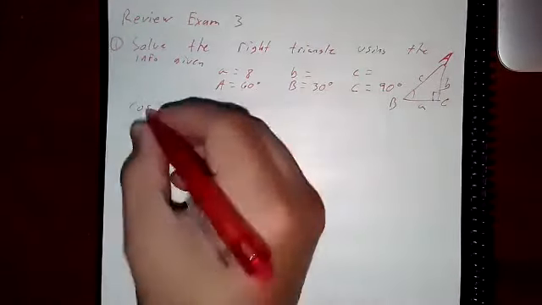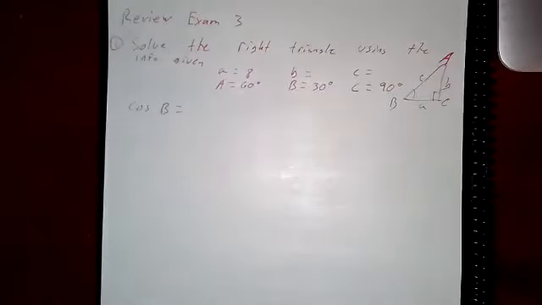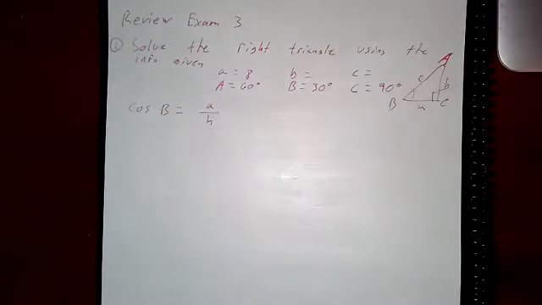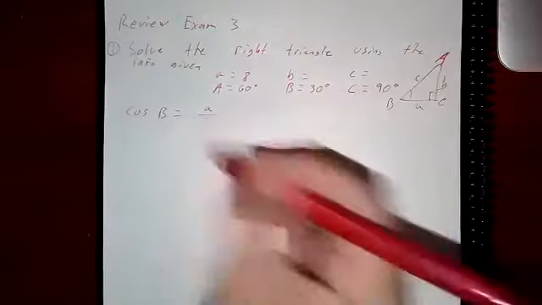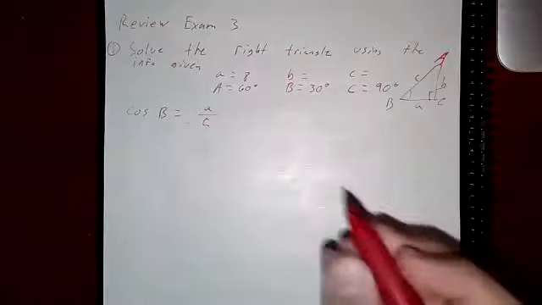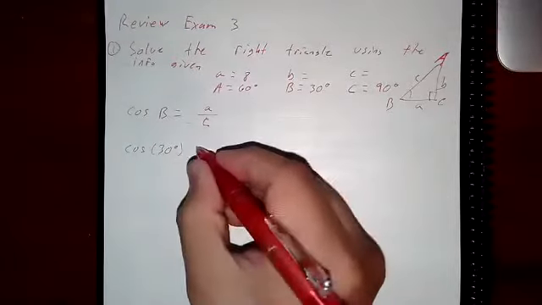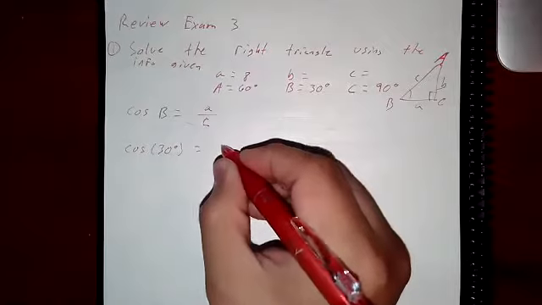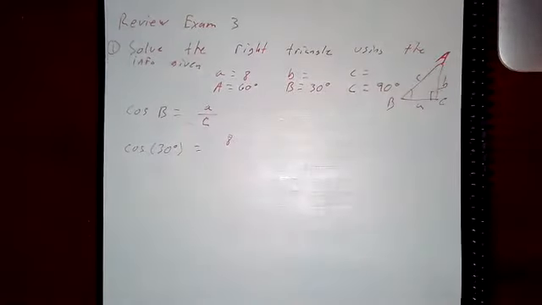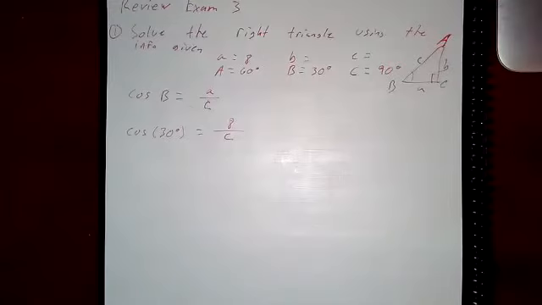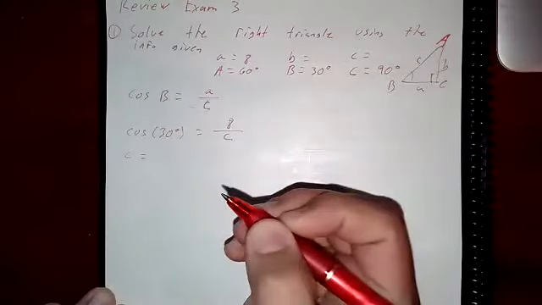The cosine of the angle B is equal to the adjacent side over the hypotenuse, which we called C. Right, so then cosine of 30 is equal to 8 over C. And just solve for C. So this implies that C is equal to what?